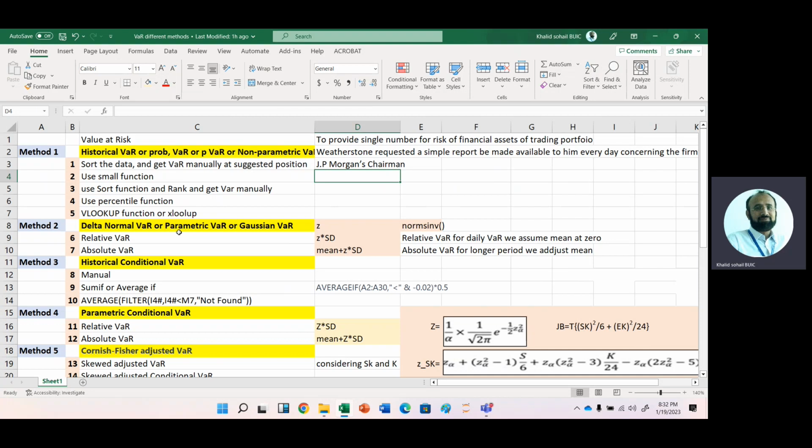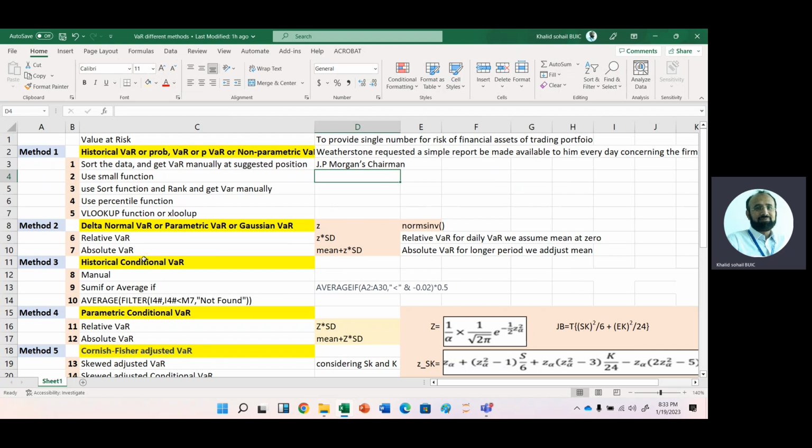As we have the returns data of a financial asset, we calculate its standard deviation and then multiply it by this z value. We will get the value at risk in percentage.